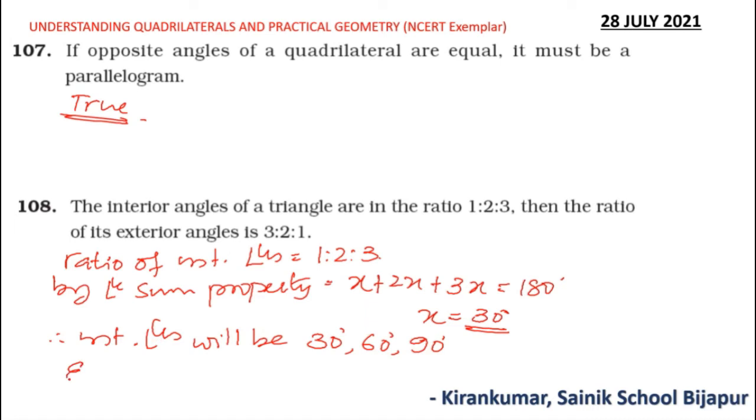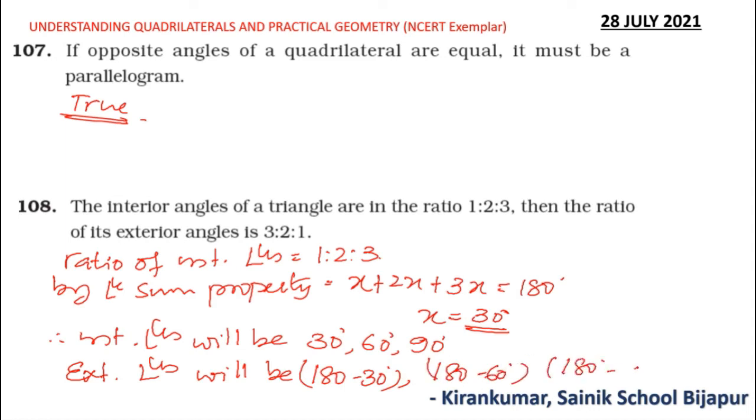Now the exterior angles will be 180 minus 30. This is one of the angle. 180 minus 60, another angle. 180 minus 90 is the third angle. When we take the angles, they are 150 degree, 120 degree and 90 degree.